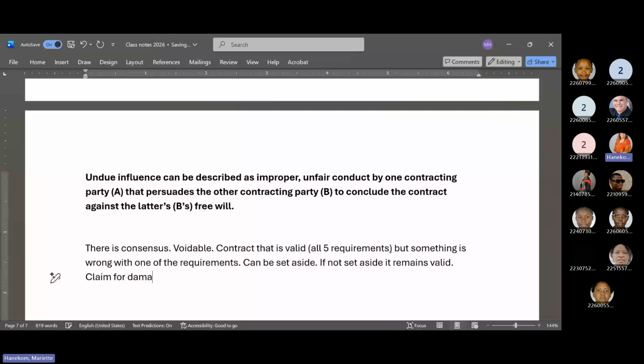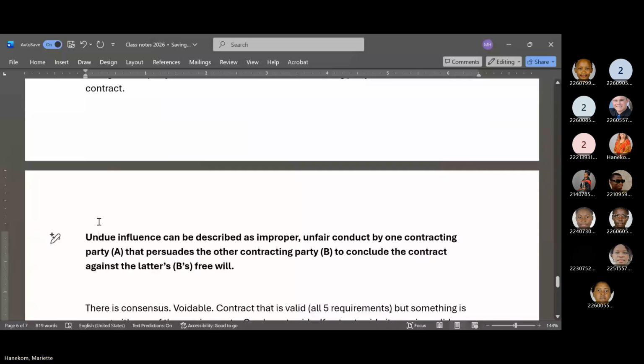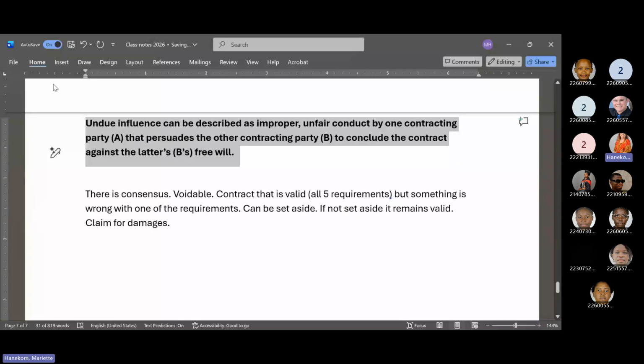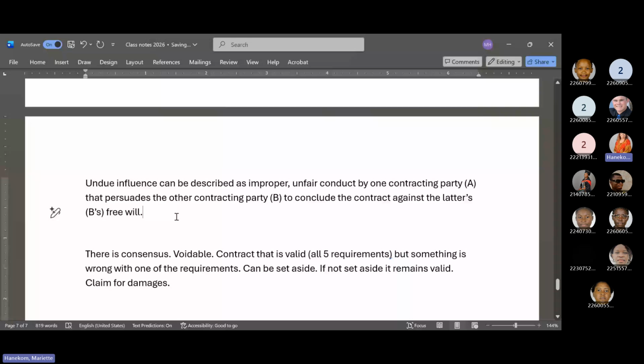Undue influence is similar. Very similar, not quite the same. Undue influence is not a threat of harm or damage, but rather improper, unfair conduct, usually by a person in authority.